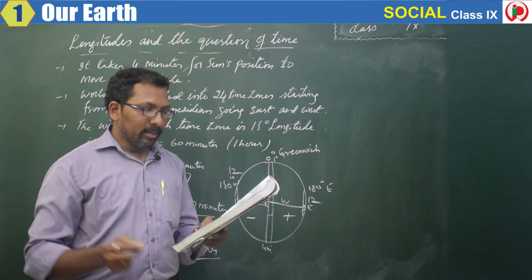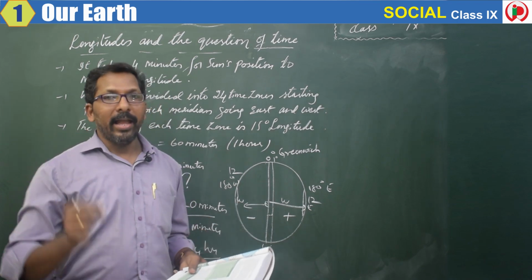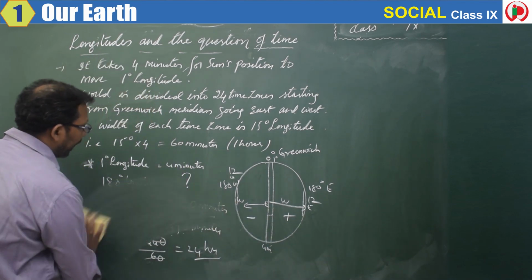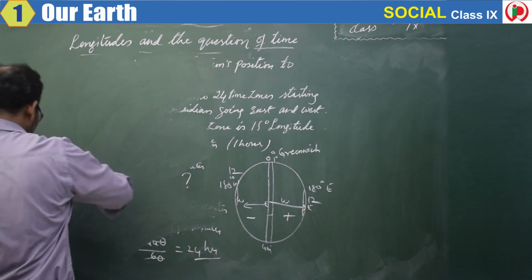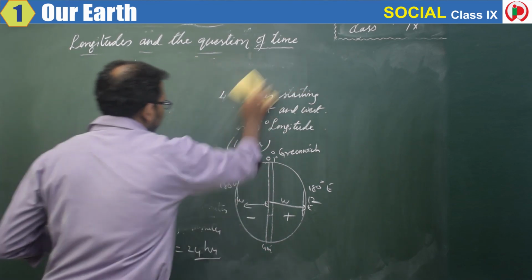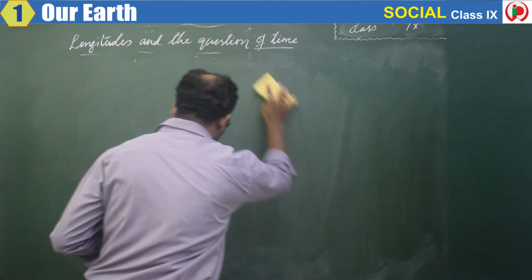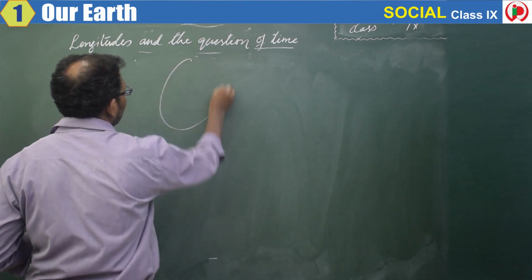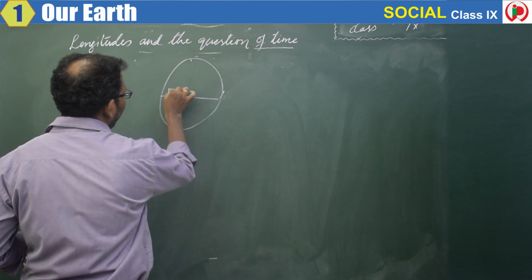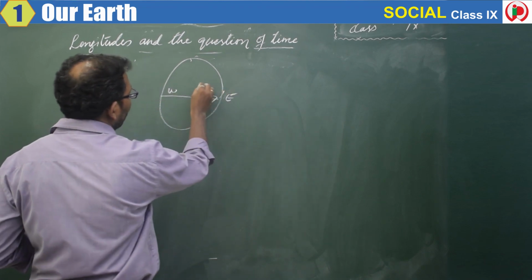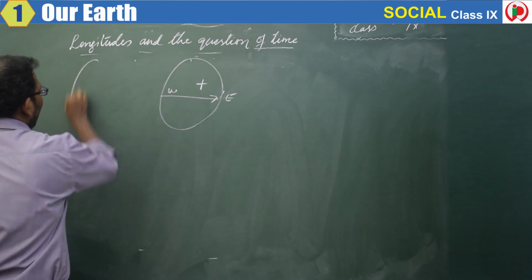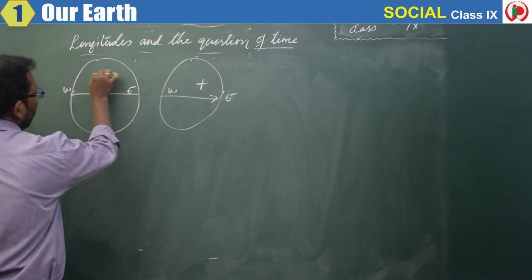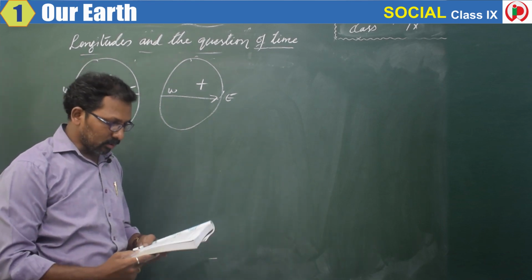These are referred to as EGA and WLS. So what it says is, when you are moving from west to east, you have to add, and when you are moving from east to west, you have to subtract.